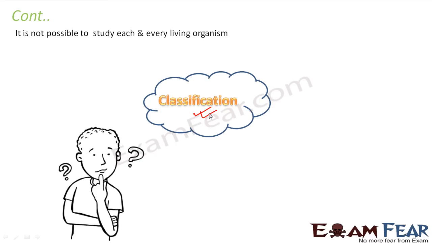Once they were classified into different groups, all the organisms falling under a particular group were given a similar name. Right? For example, you consider your school. Now in your school, maybe thousands of students are there. Maybe the total strength of your school is, say, 3,000.